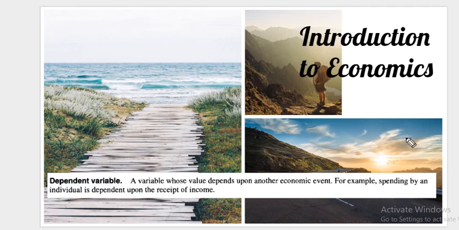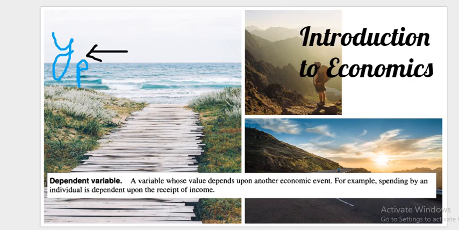Now a dependent variable is the variable in question. So what were we talking about? We were talking about yield of potatoes, right? And the variable was dependent upon what?